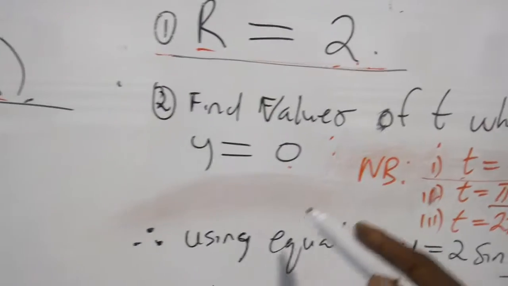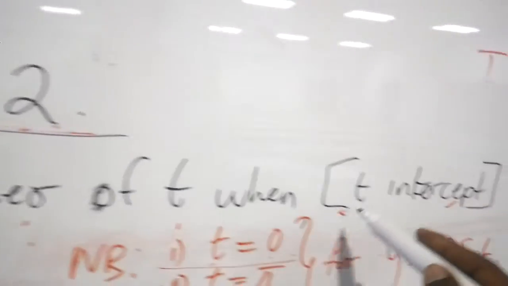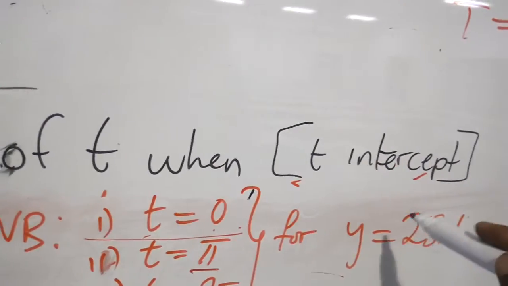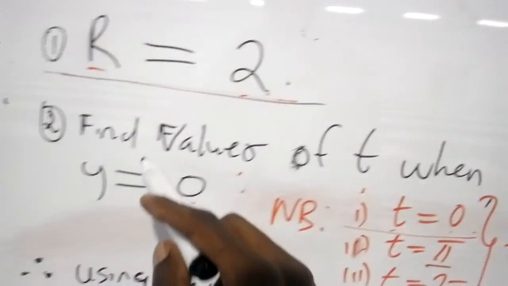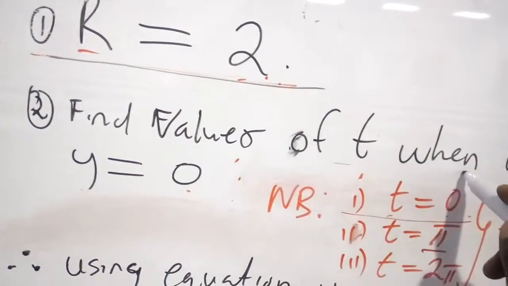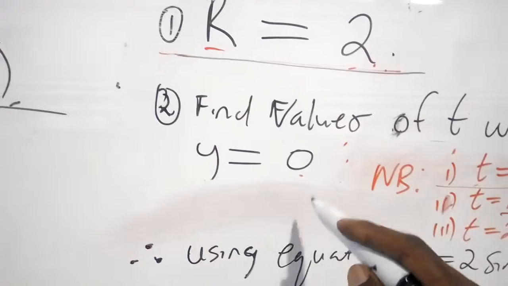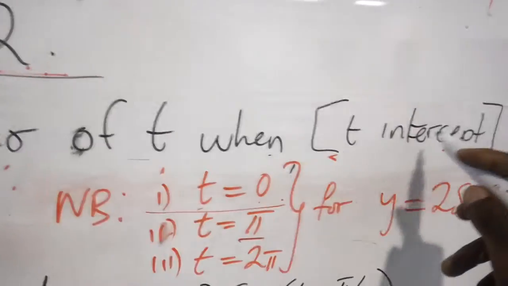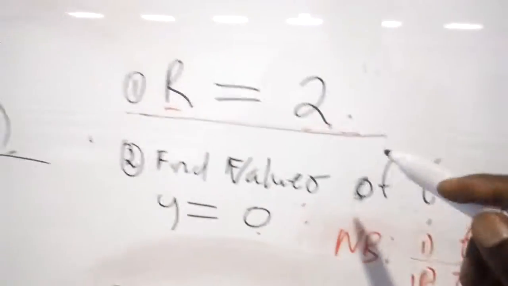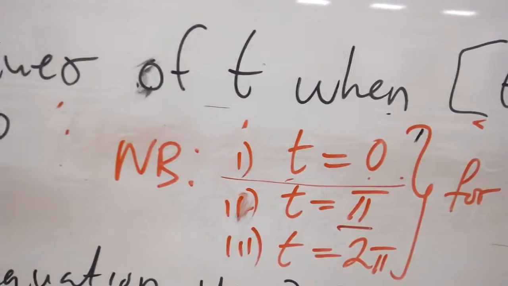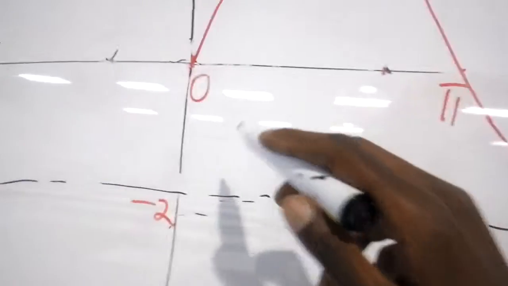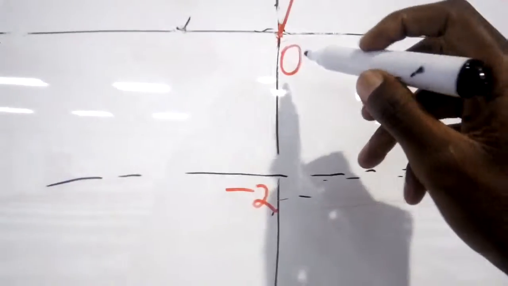So I will find the values of t when y is equal to 0. This is called the t-intercept. If you look at this particular graph for y equals 2 sine t, the intercept when y is equal to 0 happens at 0 and at pi, that's a half cycle, then at 2 pi.